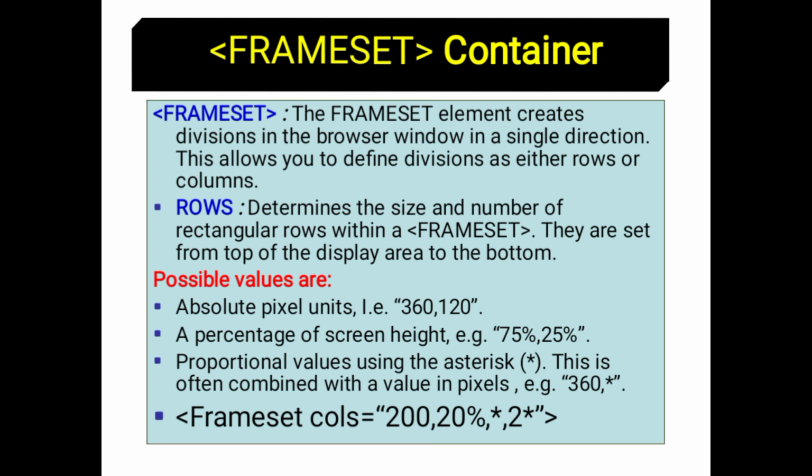The possible values are absolute pixel units, such as 360 and 120; a percentage of the screen height, such as 75% and 25%; or proportional values using the asterisk. This is often combined with a value in pixels, for example 360, asterisk. Here we set the frameset columns equal to 200, 20%, asterisk, then 2 asterisks.